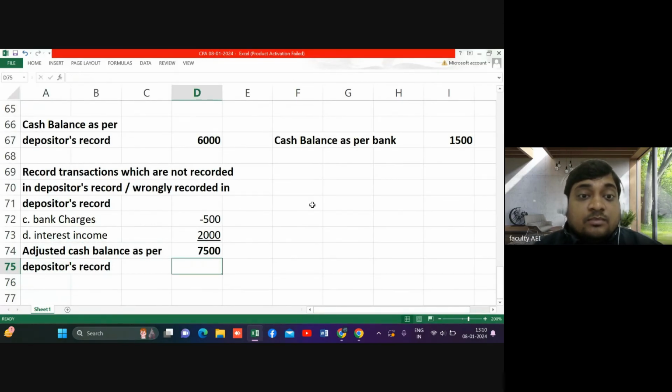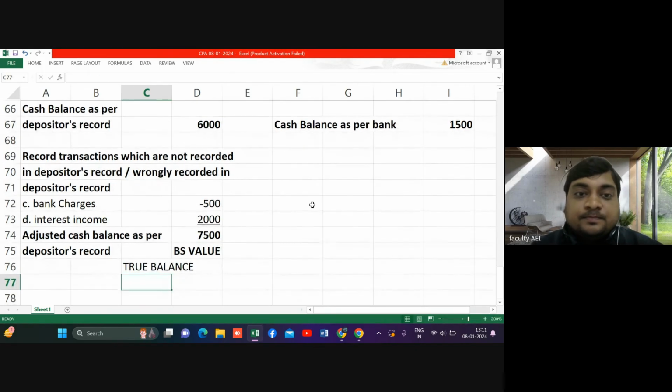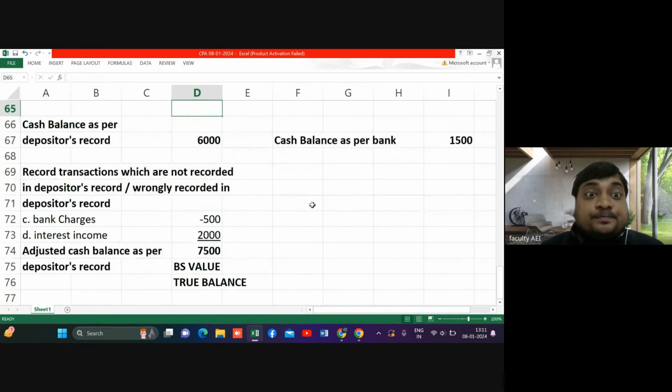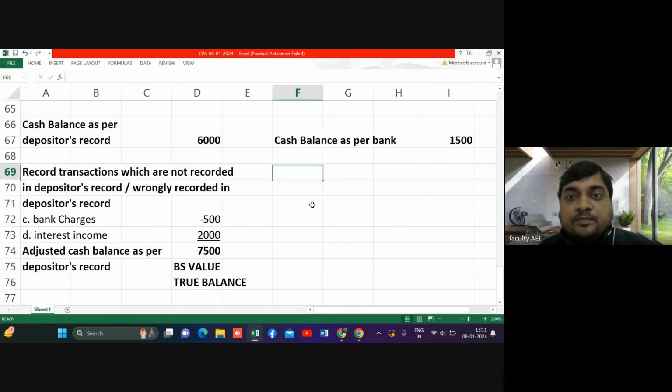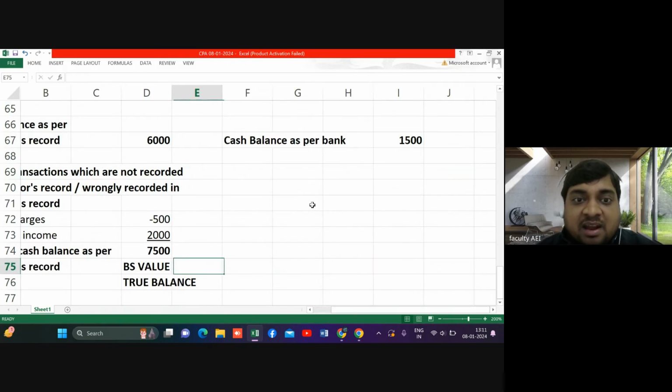And you'll be surprised to know this is the balance which will come in balance sheet. This is balance sheet value. This is also known as true balance. Right? Now this balance needs to be reconciled with this 7500.